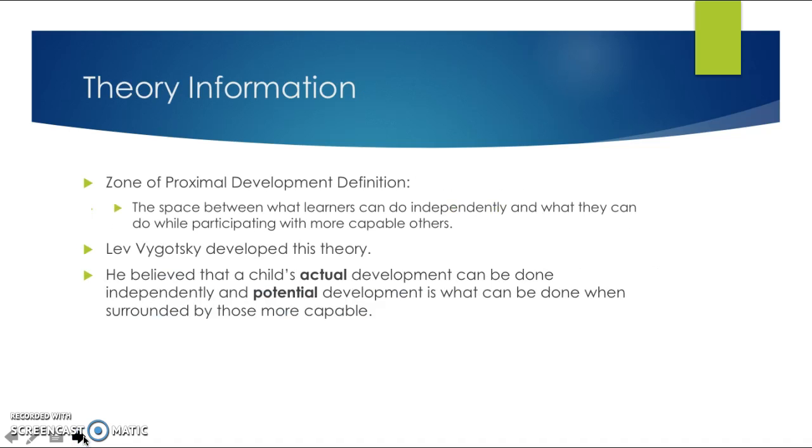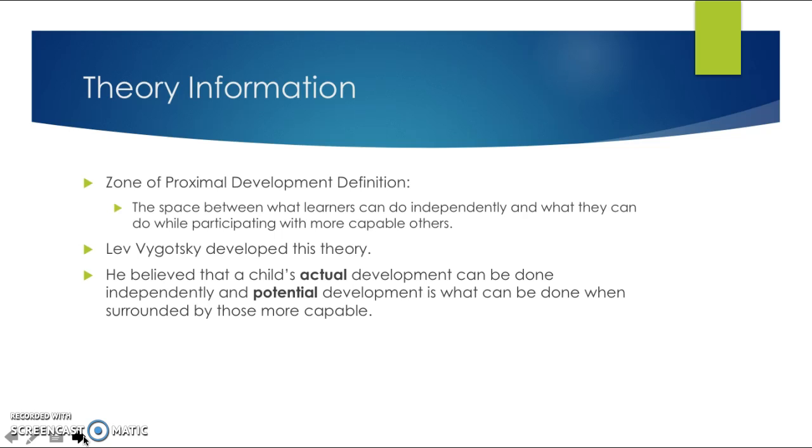So, theory information. Zone of proximal development definition: the space between what learners can do independently and what they can do while participating with more capable others. And this theory was developed by a man named Lev Vygotsky. He believed that a child's actual development can be done independently, and potential development is what can be done when surrounded by those more capable.